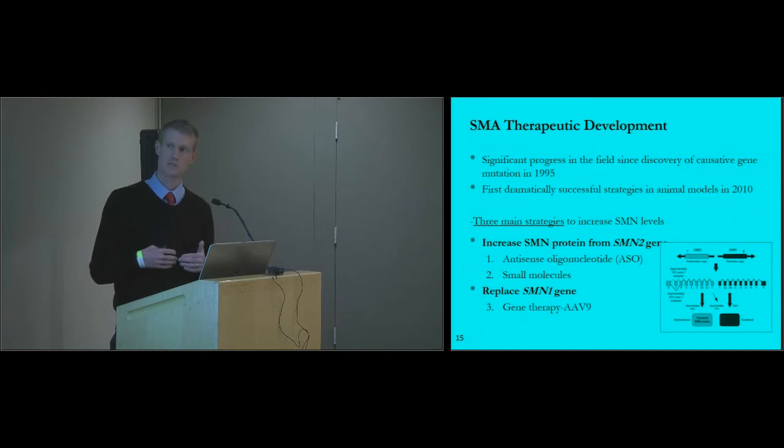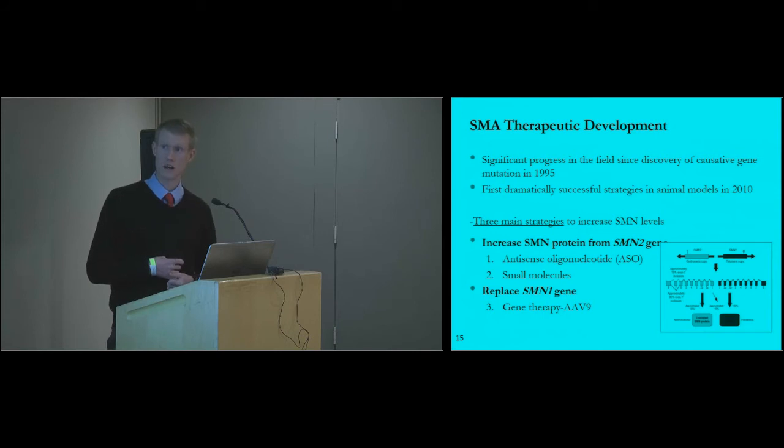I think the biggest motivation to taking this leap, though, was the fact that in 1995 we discovered what gene caused this disease. In 2010, at OSU and Nationwide Children's in Columbus, Ohio, the first dramatically successful therapy for SMA in a mouse model was published. This was an adeno-associated virus, subtype 9, to deliver cargo of the SMN gene to motor neurons and rescue the phenotype.